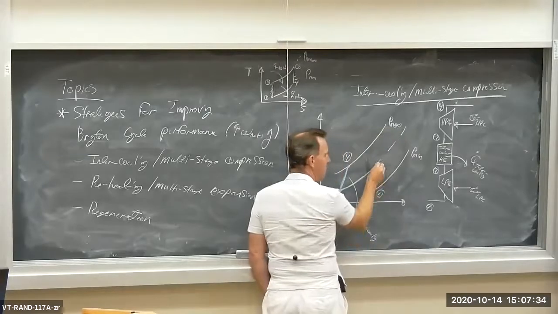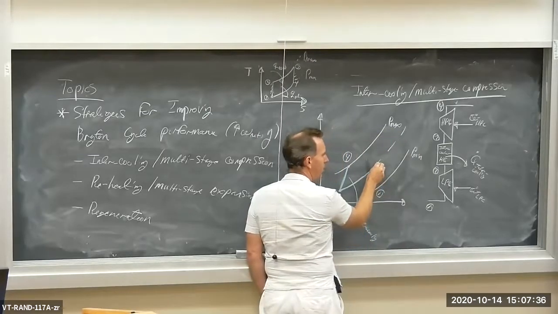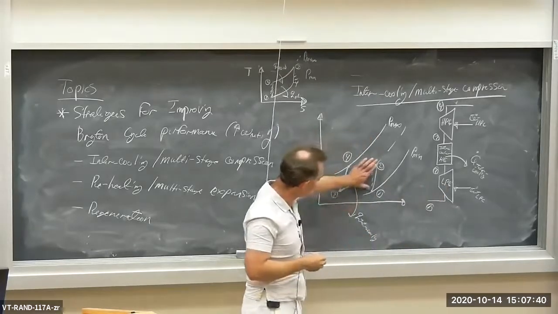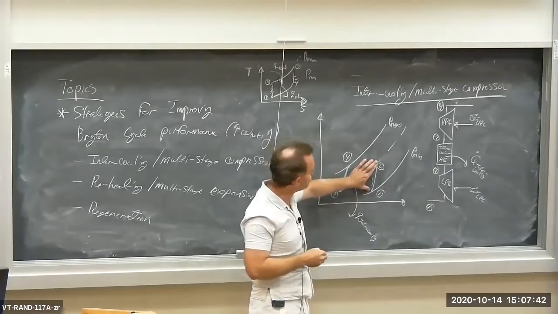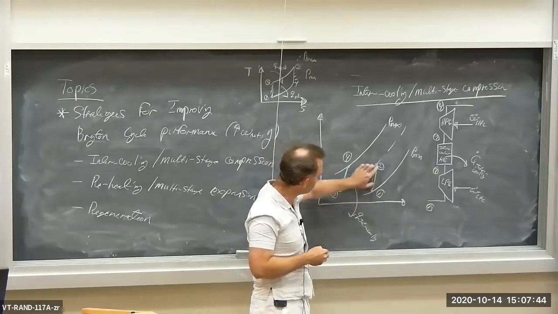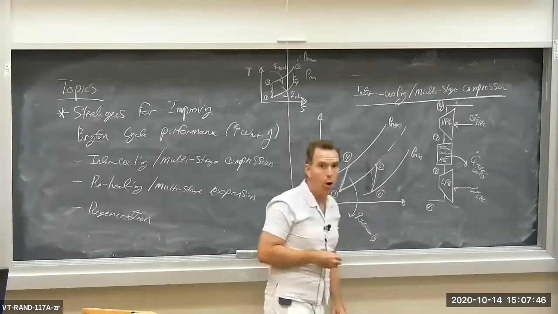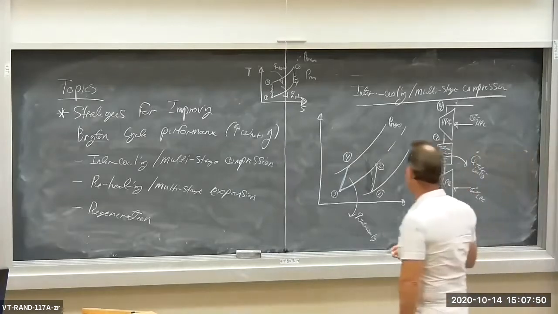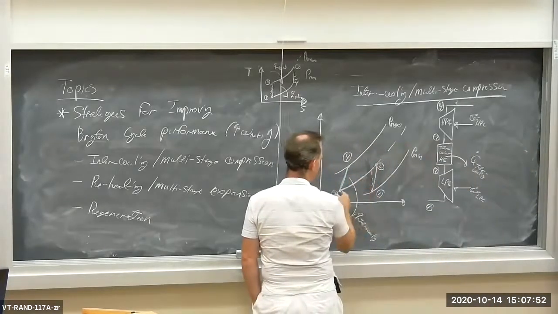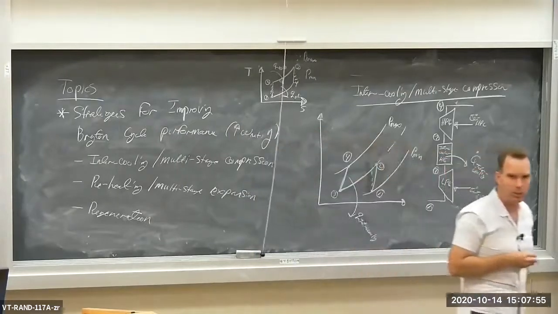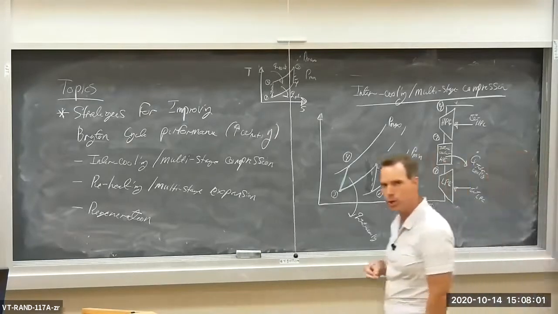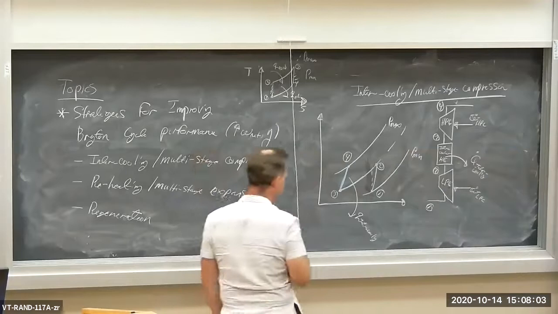The compression process from P1 to P2 is the low pressure compression process. Once we get to P2, the intermediate pressure, we're now going to cool the gas down. We're going to extract heat from it by passing it through a heat exchanger. This heat exchanger is called an intercooler.